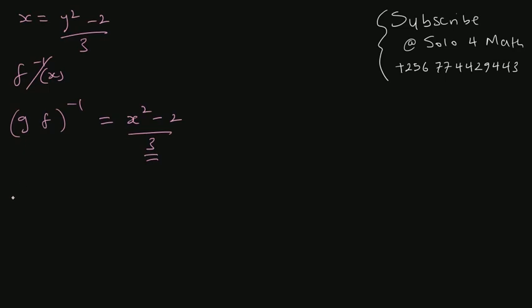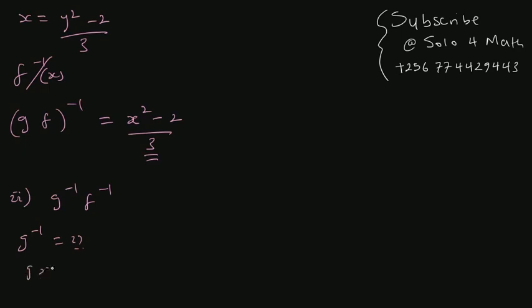Okay, number 2, we want to find g inverse f inverse. It's a composite function. So for this one we have to first find the inverse of function g, find the inverse of function f, then we put them together and find the composite function. So what is g inverse? We get it from g.